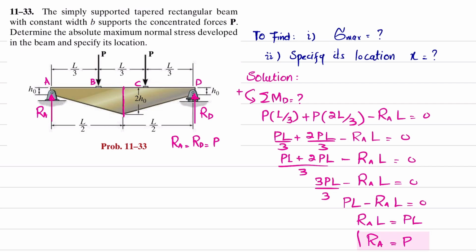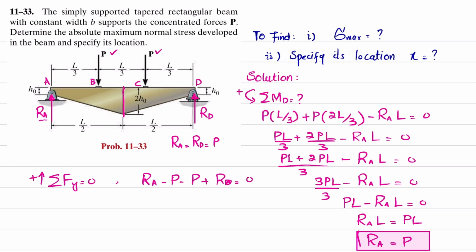Now you have RA is equal to P. You can find RD by using the equilibrium condition of vertical forces, taking the upward force as positive. So you can see RA minus this P minus this P plus RD is equal to 0.